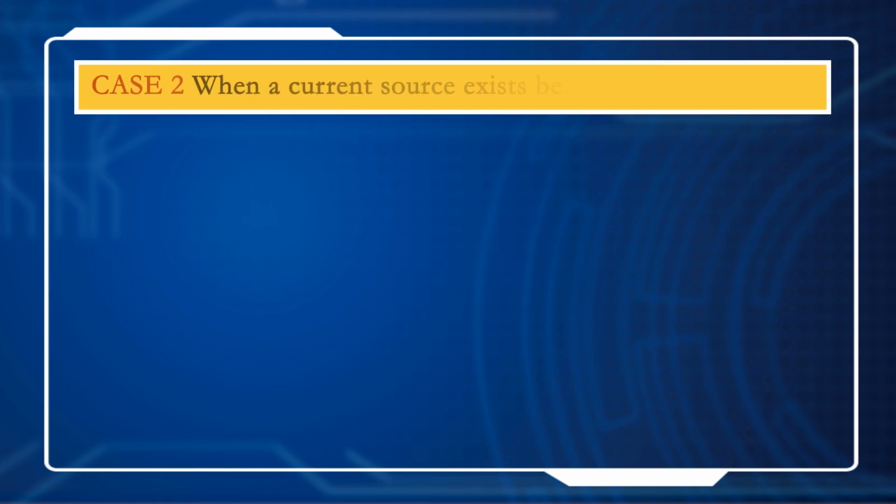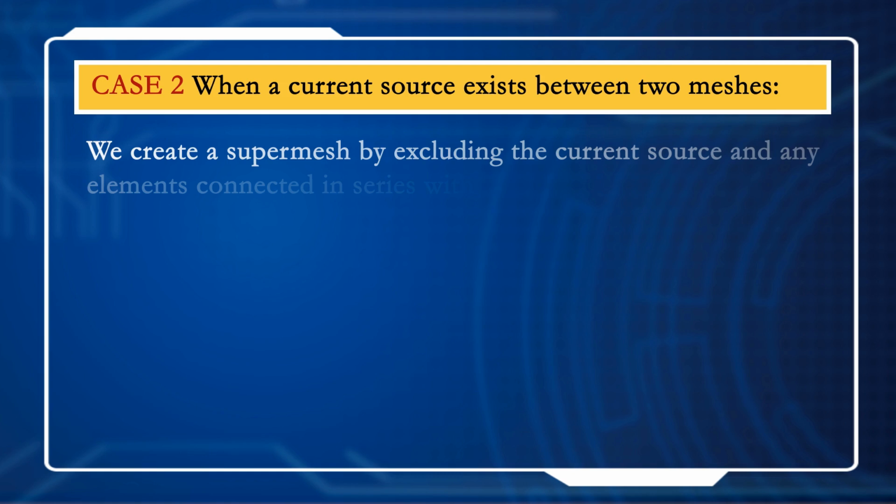Case 2. When a current source exists between two meshes, that means there is a current source belonging to both mesh 1 and mesh 2. In this case, we create a super mesh excluding the current source and any elements connected in series with it.